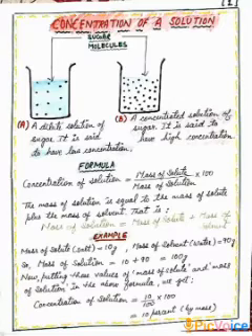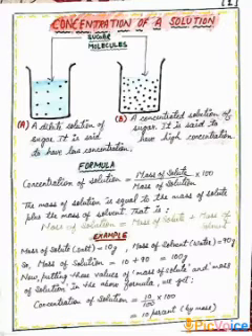So, the total mass of the solution becomes 10 plus 90, equal to 100 grams. Students, please note that the concentration of a solution refers to the mass of solute in 100 grams of the solution and not in 100 grams of the solvent.